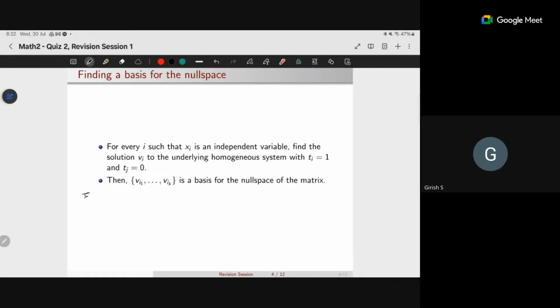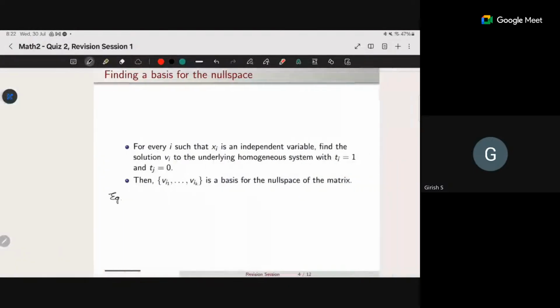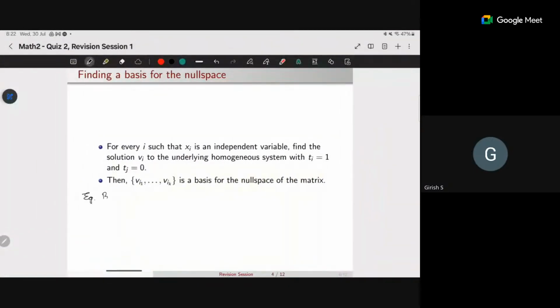As an example, let's take the same matrix, 1, 2, 4, 3 and 0, 0, 1, 3. What are the independent variables here? x2 and x4.